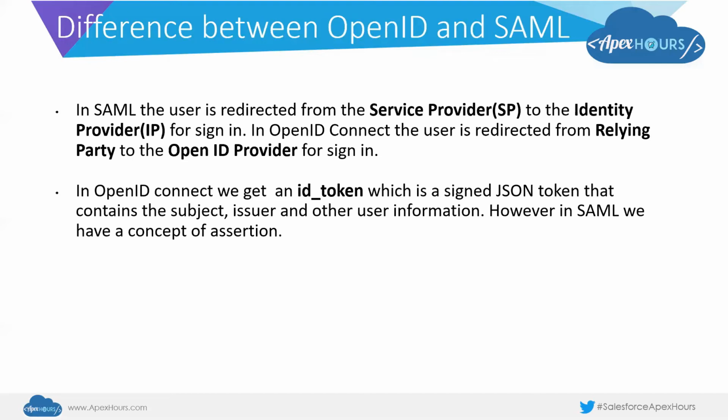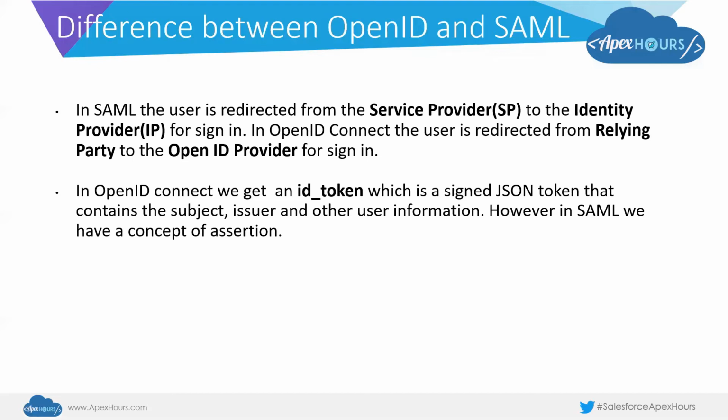So the service provider in SAML is nothing but the relying party in OpenID Connect, and the identity provider in SAML is equivalent to the OpenID provider in OpenID Connect.